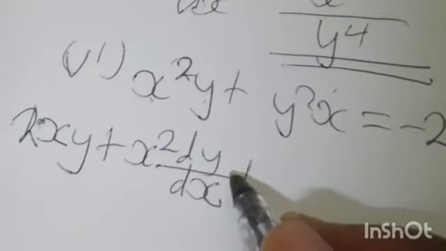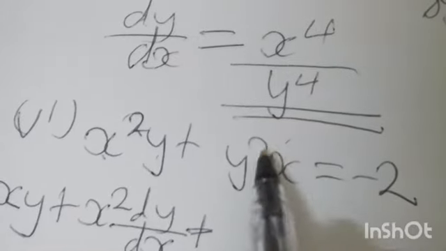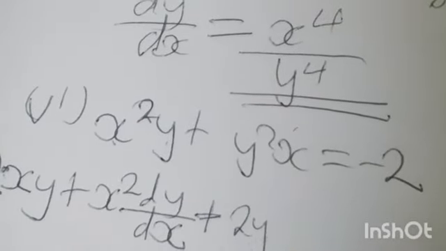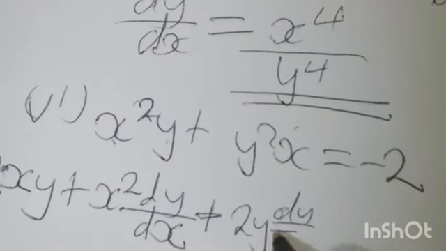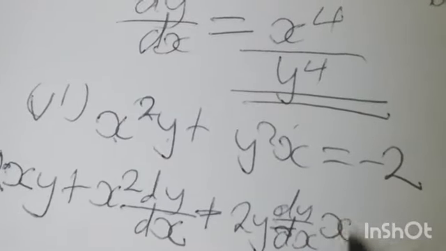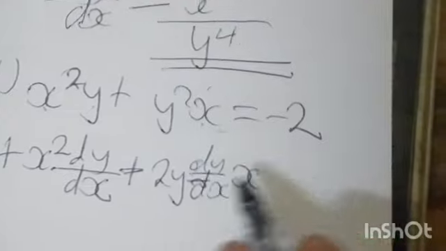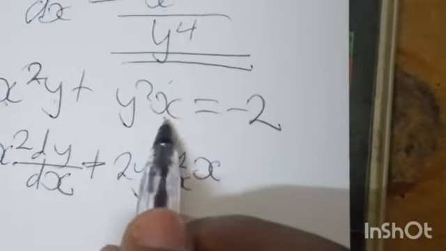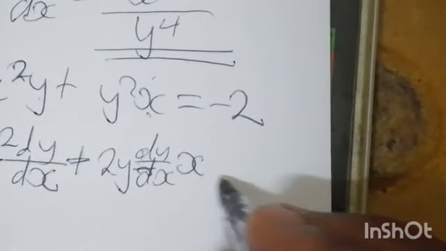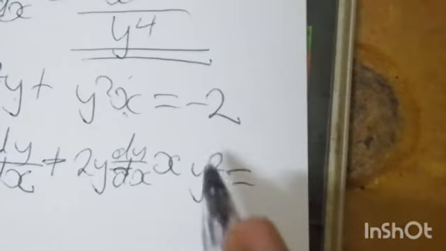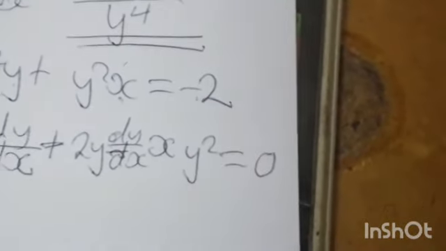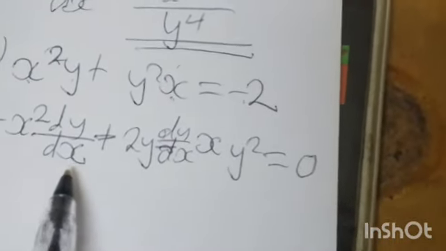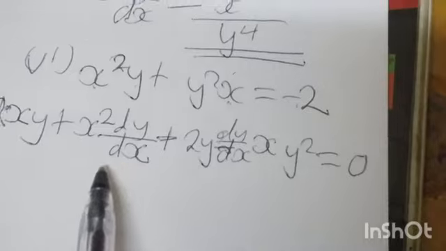Then you are adding here, we'll differentiate y squared, it will be 2y dy over dx. Then you have this x here. Differentiation of x is 1, multiplied by y squared, so it will be y squared, is equal to the differentiation of negative 2, which is 0. Now the main goal is to remain with dy over dx as the subject of the formula.